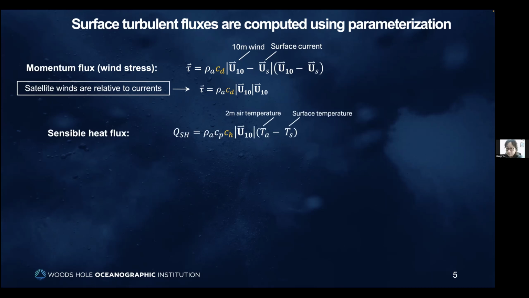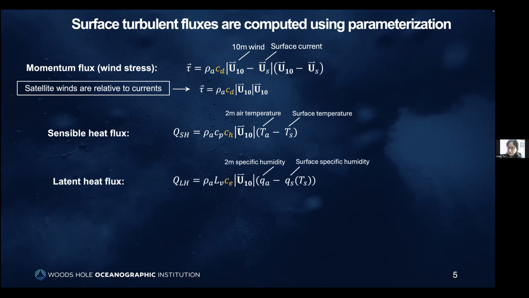For sensible flux, we have these equations, and some people use 10-meter air temperatures. If your reference is ship observations, you probably set it higher. But since we use buoy observations, we set it at 2 meters, which is also in line with the NWP model output. The latent flux is a similar thing, and we need humidities both at 2 meters and at the surface, which is based on the temperature.